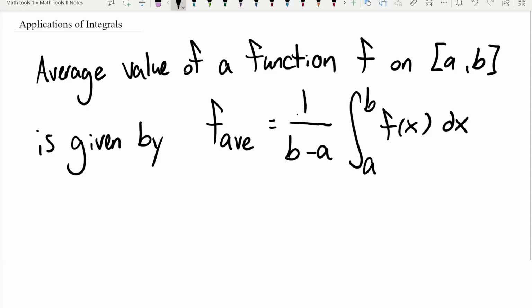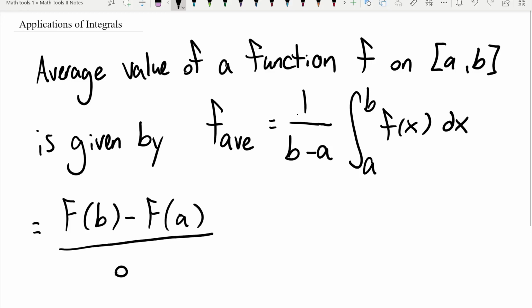Hopefully that's not too surprising. It's one of those things where maybe you wouldn't think about it, but when you see it, the idea is kind of intuitive, right? You take the area on that interval and then divide by the length of the interval. Now, if you notice, this is actually just like the average rate of change of the antiderivative.